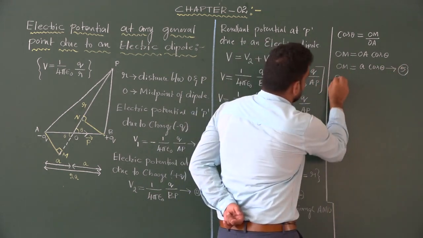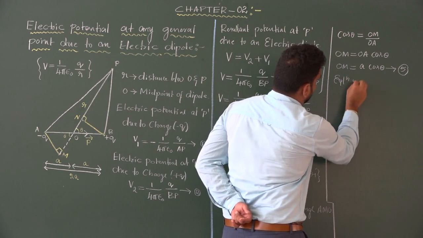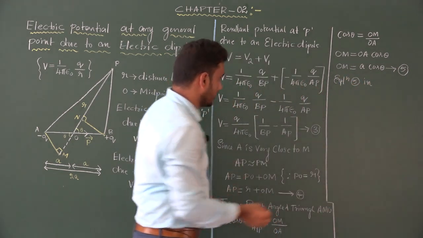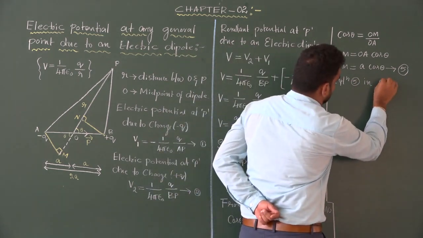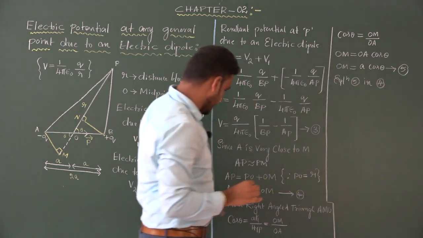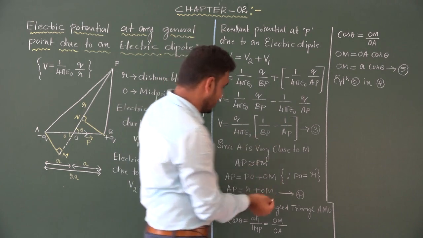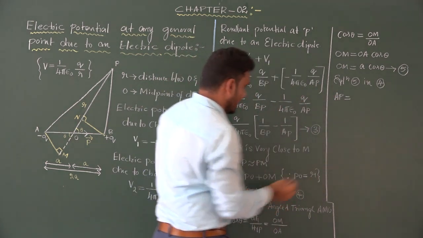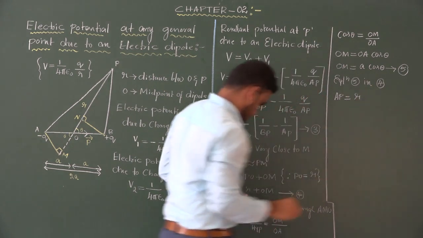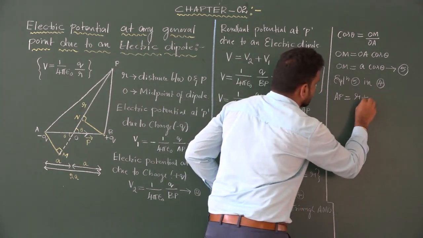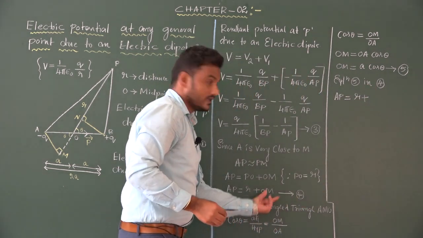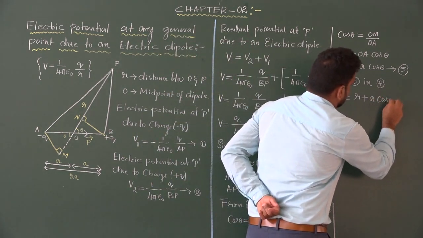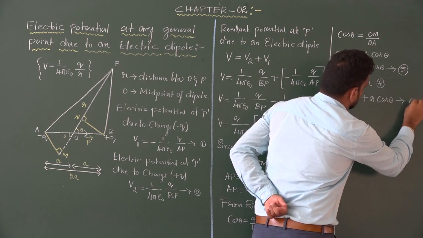Now substitute equation 5 in equation number 4. Then equation number 4 becomes AP is equal to R plus OM, and OM we got a cos theta. Say this is equation number 6.